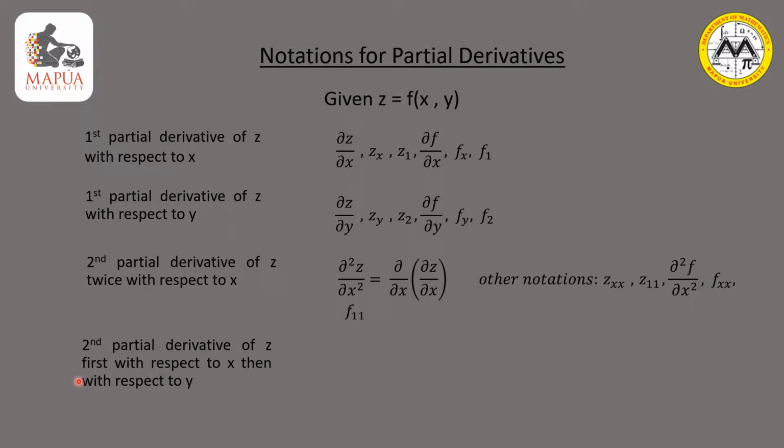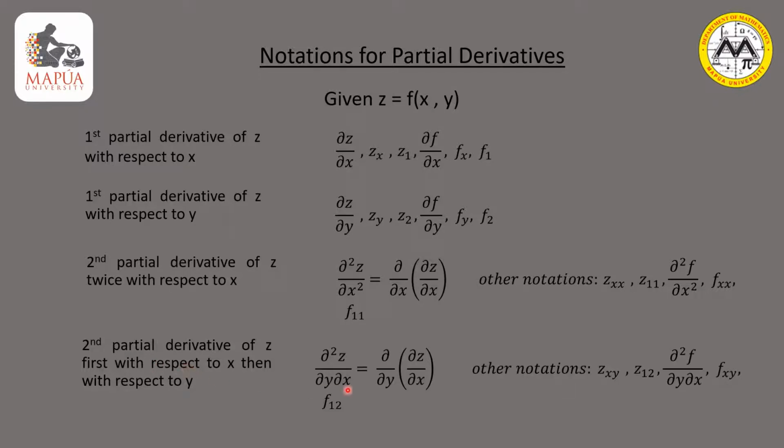A second partial derivative of z can be defined first with respect to x, then with respect to y. When the variables of differentiation are different from one another, what we have is a second mixed partial.